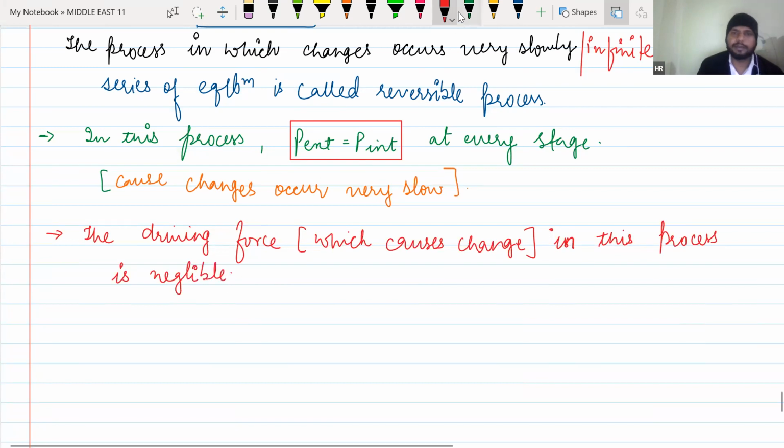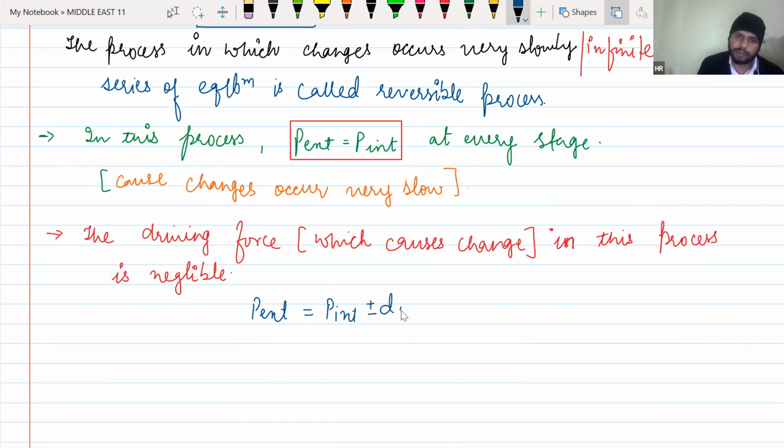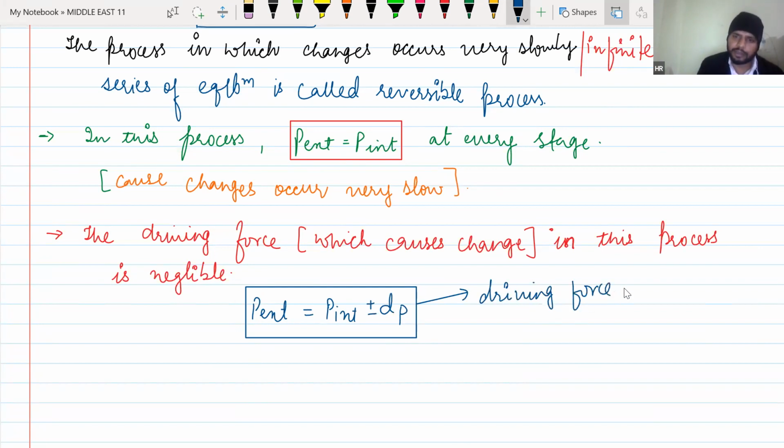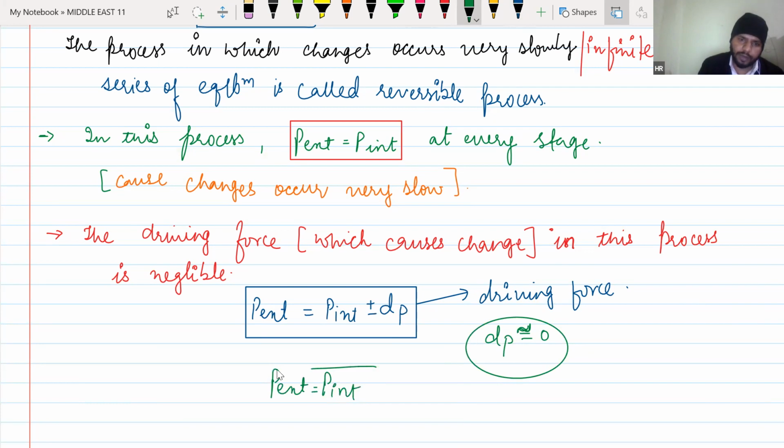So we can write the equation P external is equal to P internal plus minus dP. This dP is the driving force, and in a reversible process, dP is almost equal to 0. So in a reversible process, P external is equal to P internal, or P internal is equal to P external.